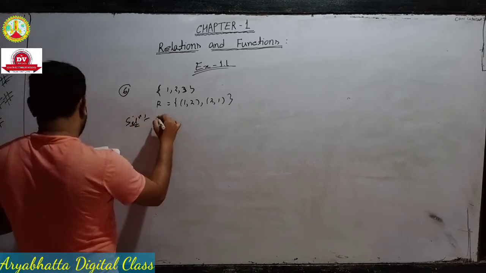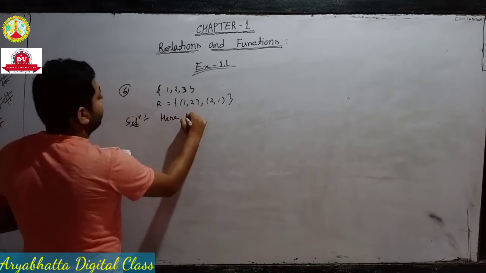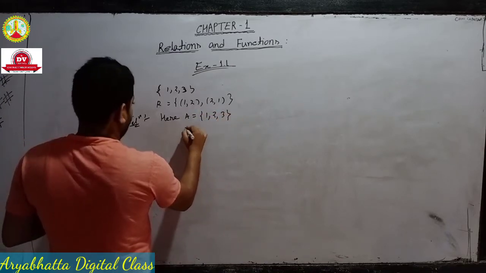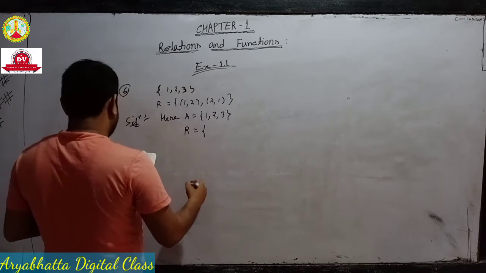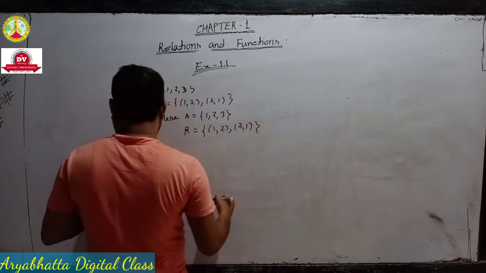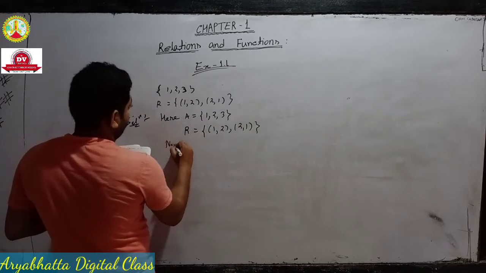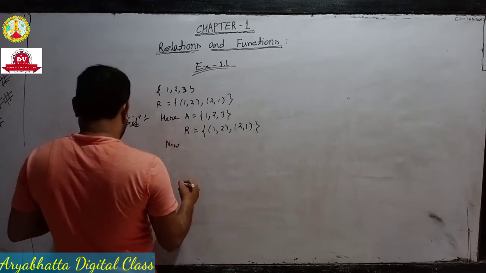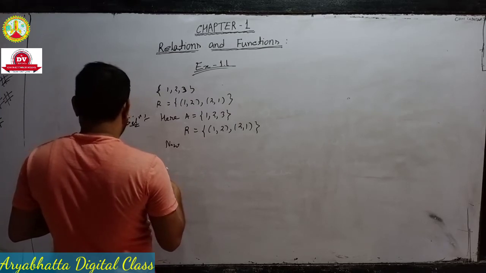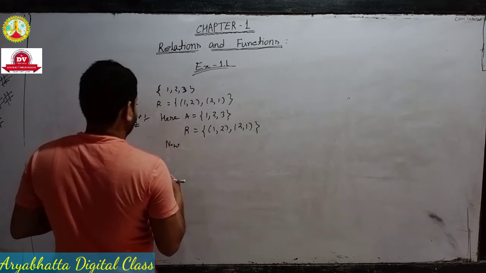Here A equal to {1, 2, 3} and R equal to {(1,2), (2,1)}. Now it is symmetric but neither reflexive nor transitive.